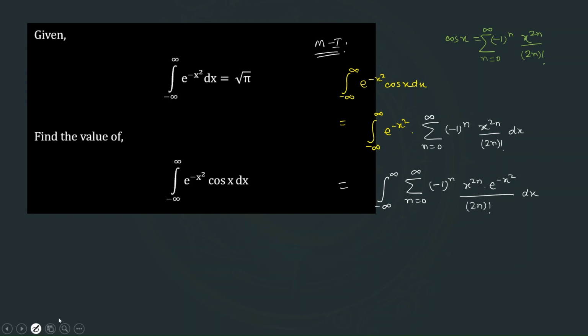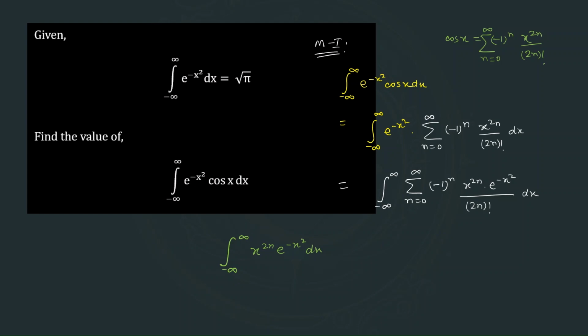So we consider this integral here, minus infinity to infinity x to the power 2n e to the power minus x square dx. This integral will be convergent. There are many theorems to prove the convergence of an improper integral, but we are not going to discuss that because this is out of scope of our syllabus.